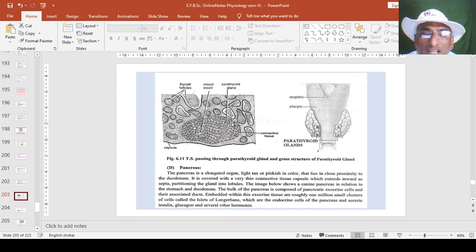Then this is the parathyroid gland having parathyroid secretions, and connective tissues connecting there too, and it is covered by a capsule. So the whole gland is covered by a capsule. This secretion is called parathyroid hormone, and this is the transverse section passing through the thyroid gland, and this is the gross structure of the parathyroid gland, and this is the histological structure of the parathyroid gland.